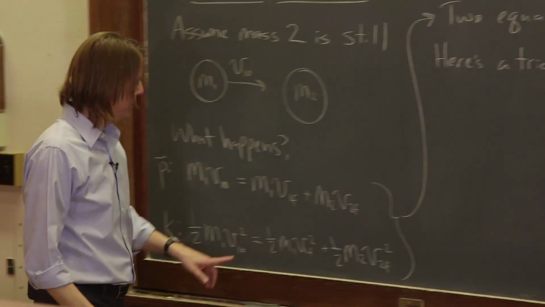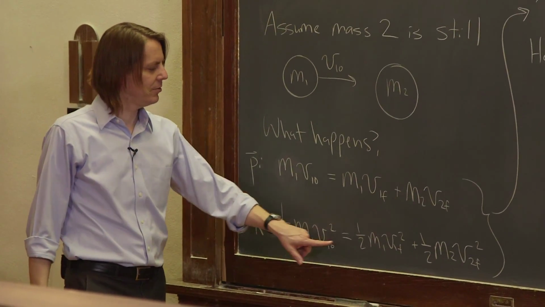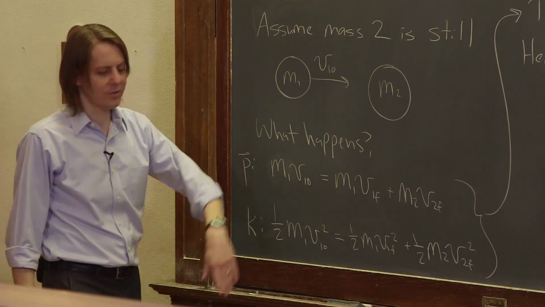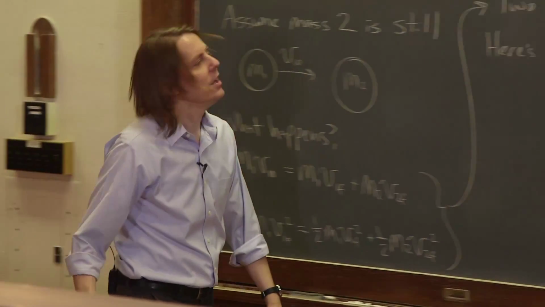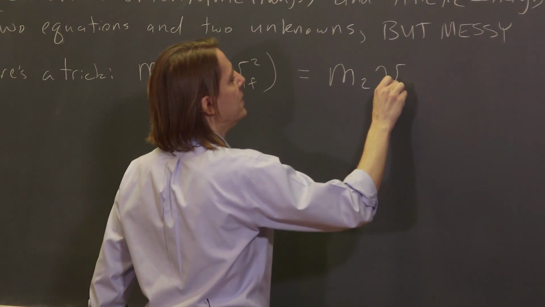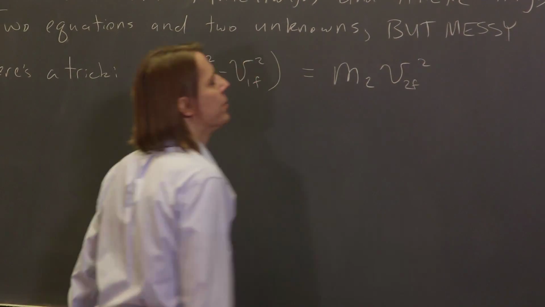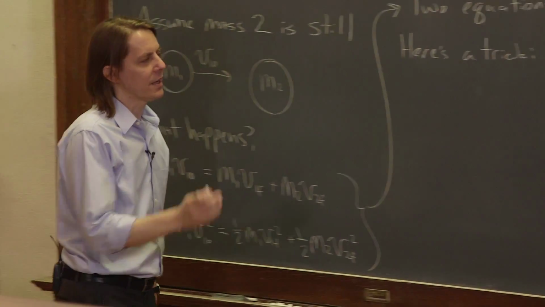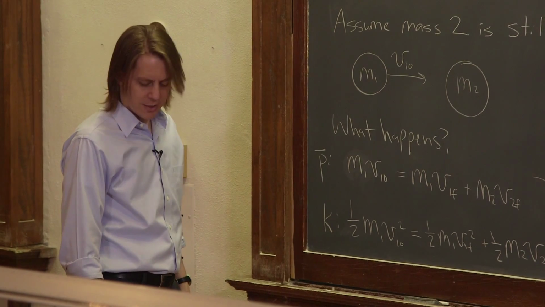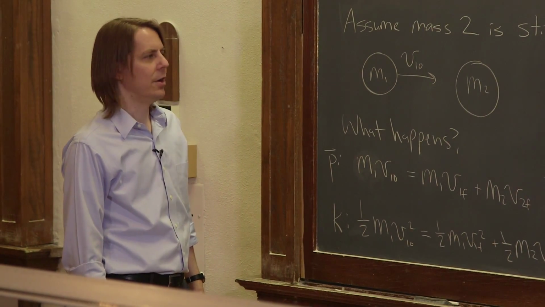There's the v1 naught term squared, positive. We brought this one over, it became negative. We pulled out the m1 and canceled the half, and what is left is the m2 term, v2f squared, on the right. Again, I canceled out the half. Okay, so that's a trick. That helps a little bit. It doesn't help at all, actually.